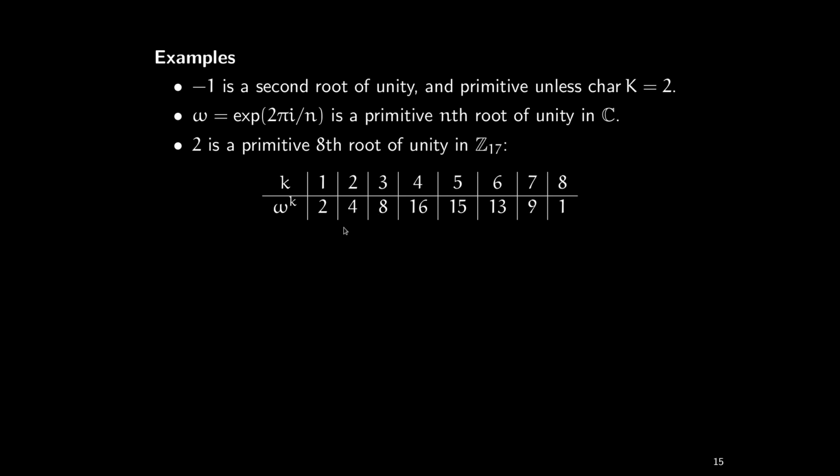Raise your number to the first, second, third, and so on power, then you cannot always get something new if you are in a finite field, because there are only finitely many elements. So if you go far enough, you will have to see something that you have already seen.